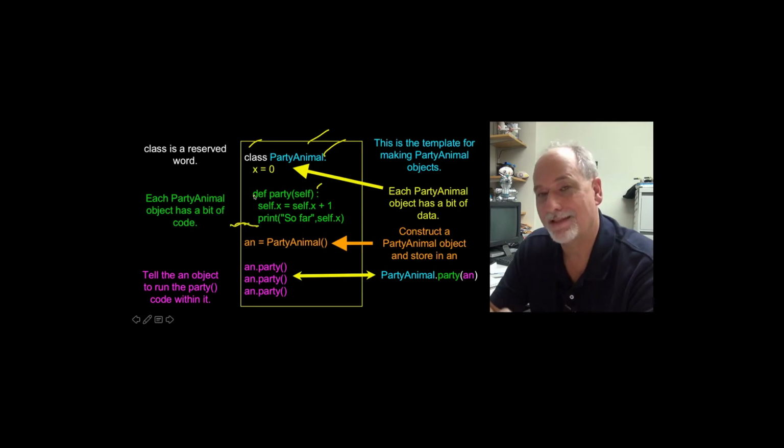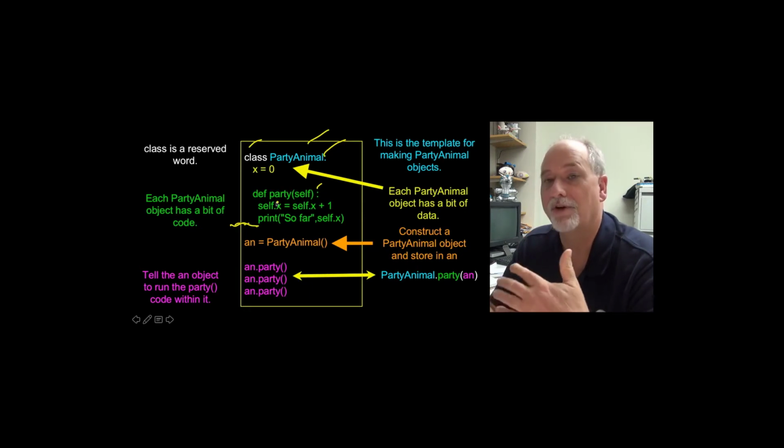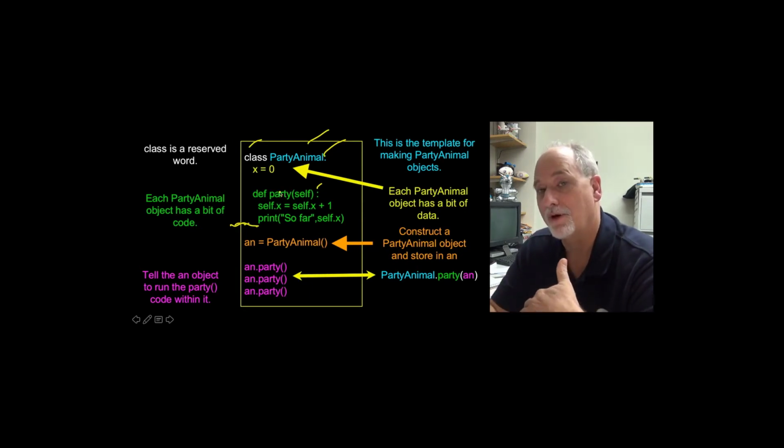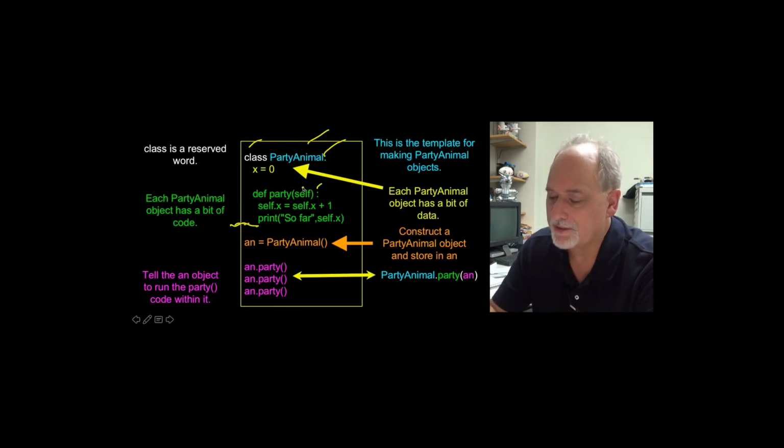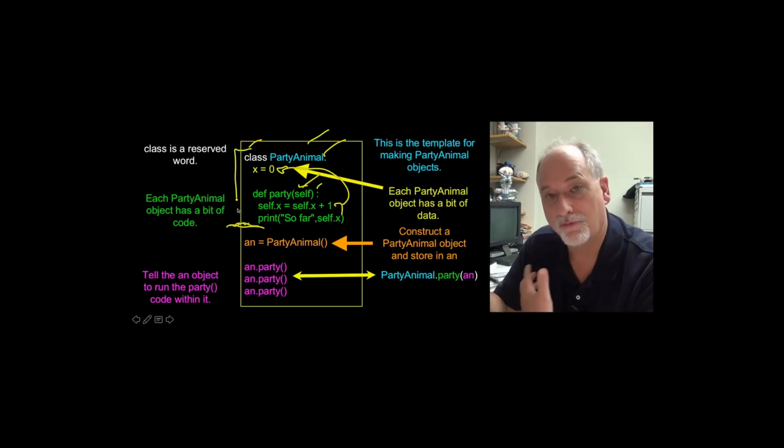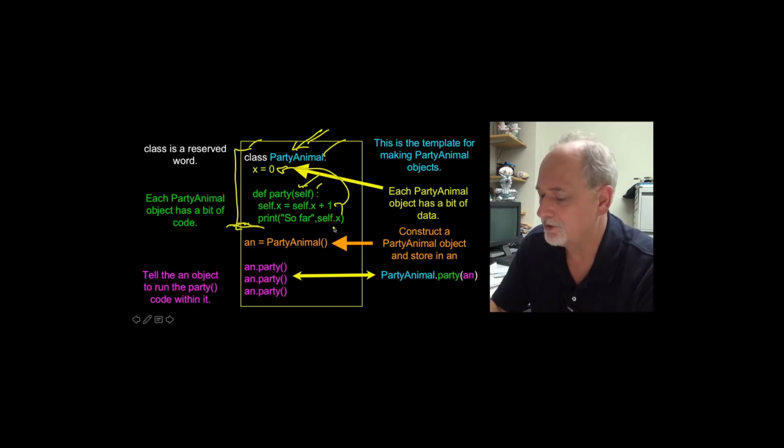The difference is this is a method because it lives inside of a class. And so there is no function called party. There's a function called party within the PartyAnimal class. And we'll talk in a second about this self thing. It is the way that inside this code we refer back to that variable. So this is not actually executing any code. It's sort of remembering the template, defining the class PartyAnimal. This is what we call constructing. We're constructing, using the PartyAnimal template or class, we are making a PartyAnimal.